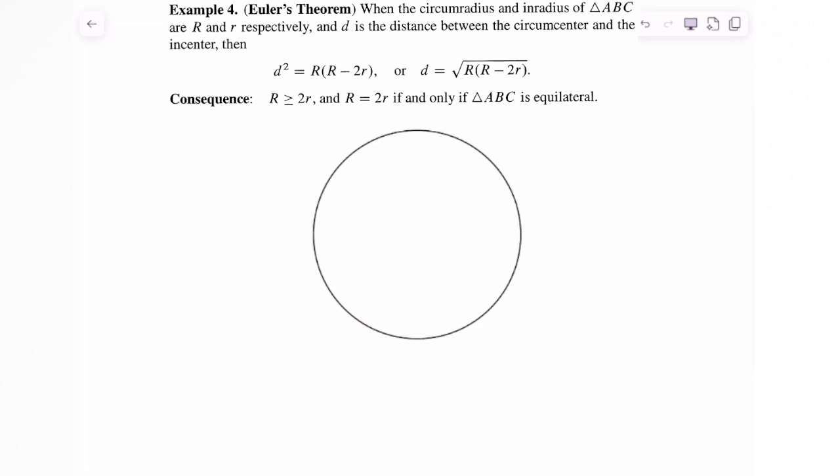And let's draw the triangle. So this one is ABC. We can draw in the incircle.